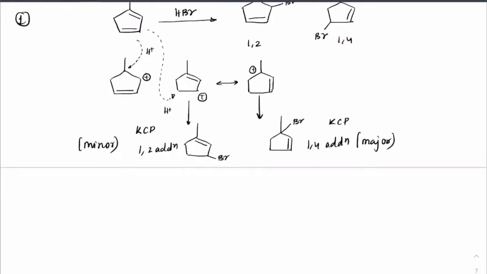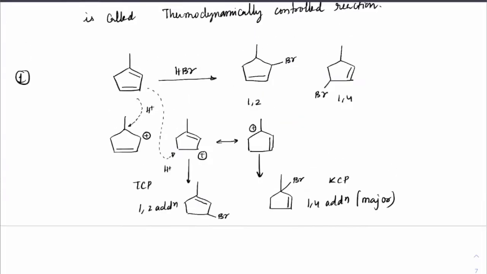My mistake. And this is TCP, because this is a most stable alkene. Check out for the most stable carbocation and most stable alkene. So which one is the most stable alkene here? This one. Which one is the most stable carbocation here? This one. This is the most stable carbocation.